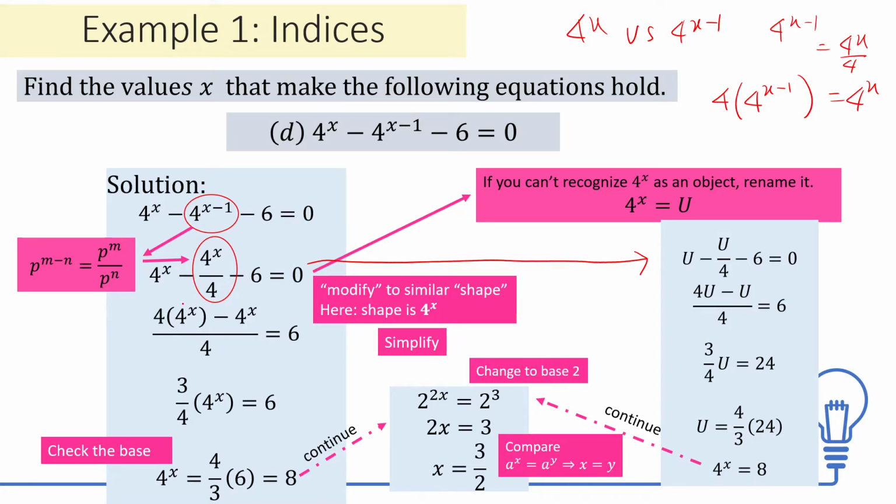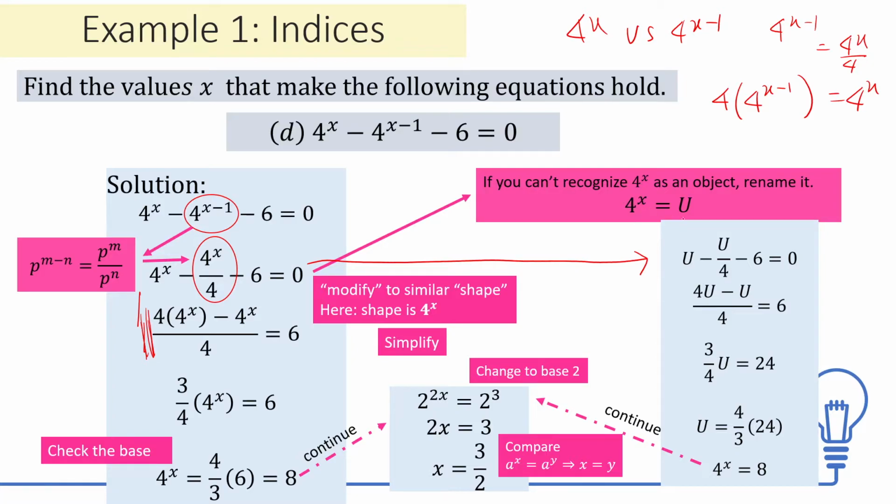Because some people will be confused about how to solve this. Maybe some of you can say it is quite easy: I have 4 apples minus 1 apple. But maybe some of you couldn't identify this as an object, so we come up with another way for you to recognize it.